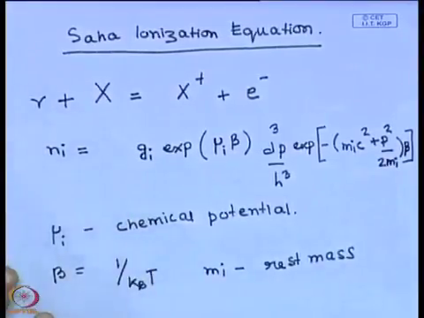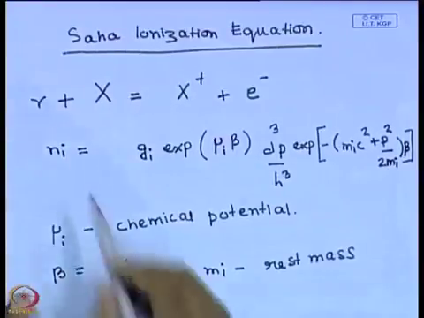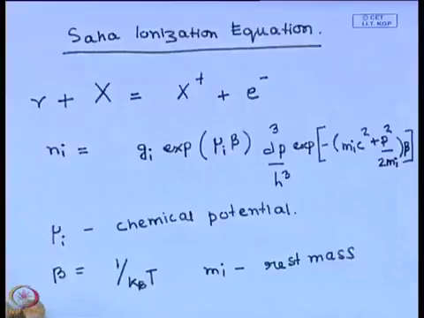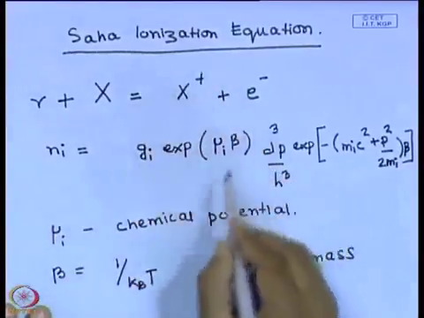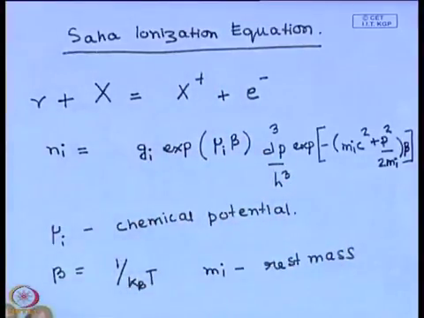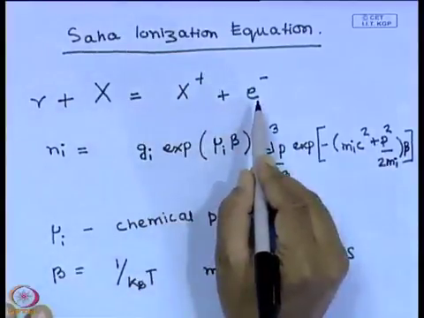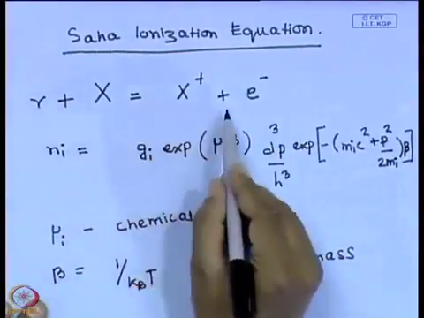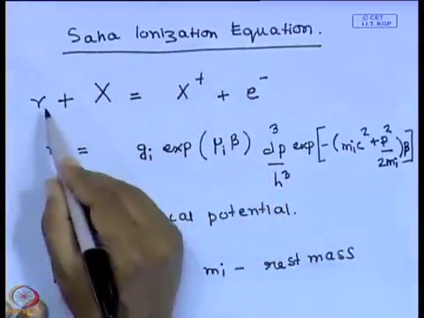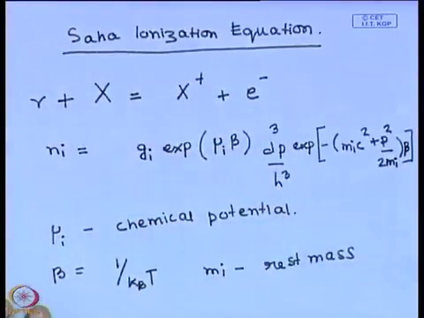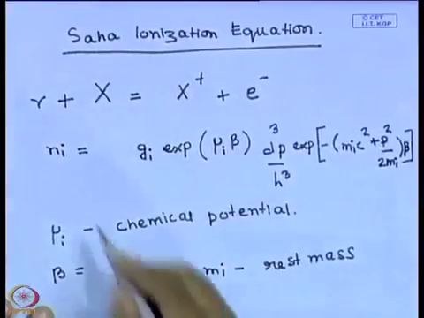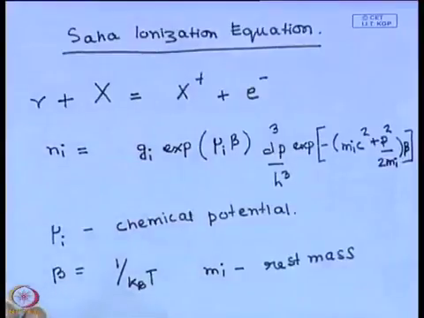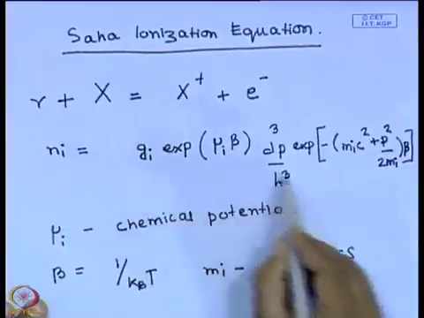Okay, so let me remind you what we are interested in. So, we have this atom X, which is in thermal equilibrium at a temperature T with its ion and an electron, right. This is a possible reaction. So, if at a temperature T, all these things will be in thermal equilibrium, and provided the temperature is sufficiently high, the number density of any of these species is given by the Maxwell-Boltzmann distribution, and the number density is given by this expression.